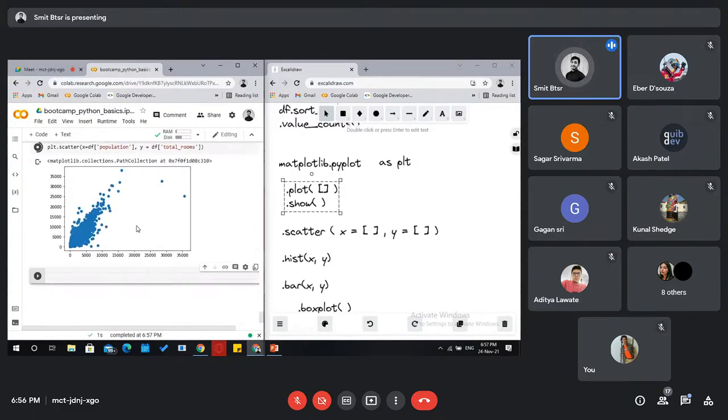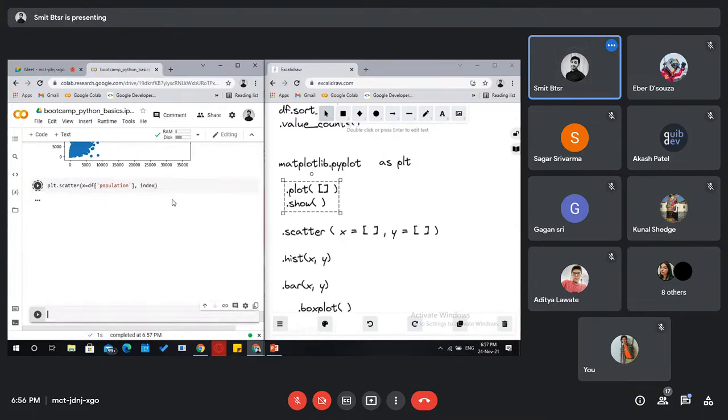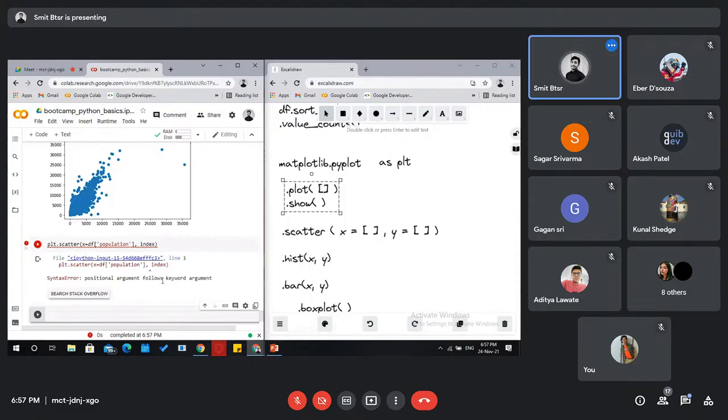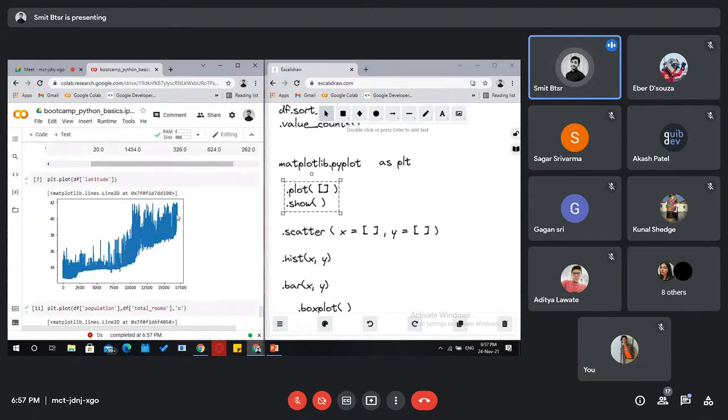It shows the scattering. We should be able to draw it with index, so we will try again. Positional argument follows keyword argument. So we need some kind of data to plot against it.